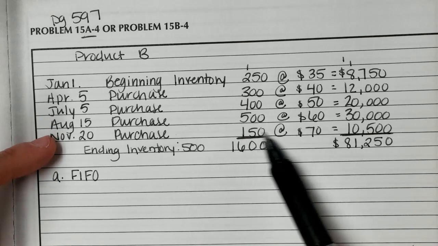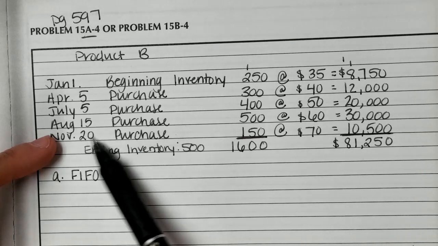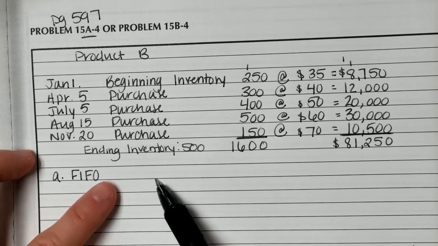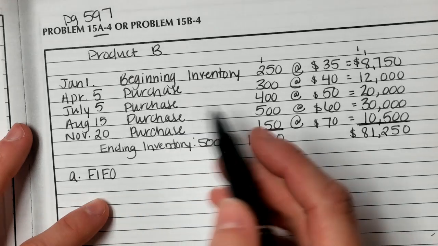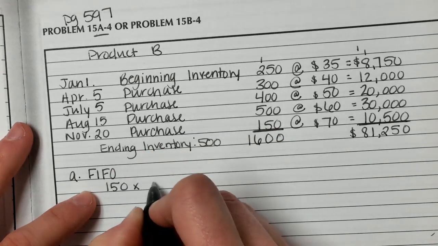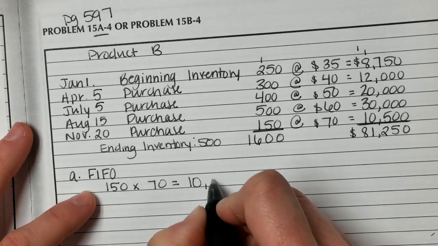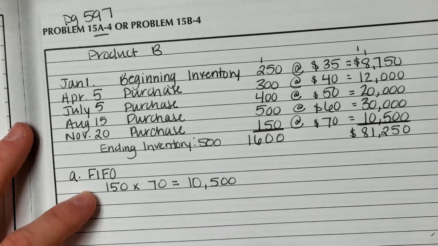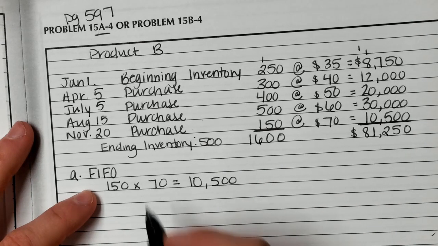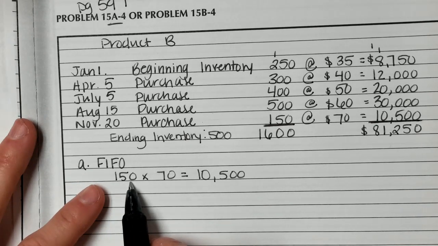So first we're going to take all of the 150 pieces from this newest last invoice from November, and we're going to take 150 units at 70 a piece, which is 10,500. We still have to account for another 350 pieces still left in our leftover inventory.